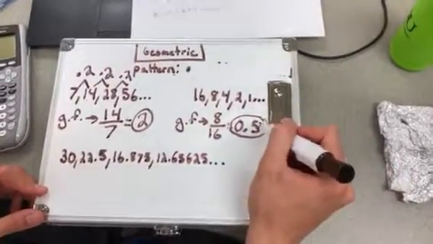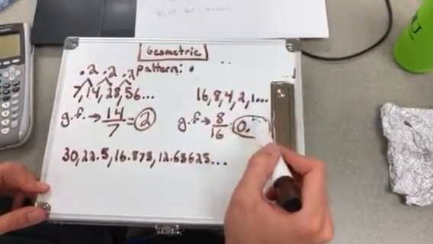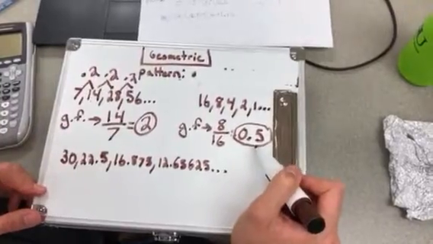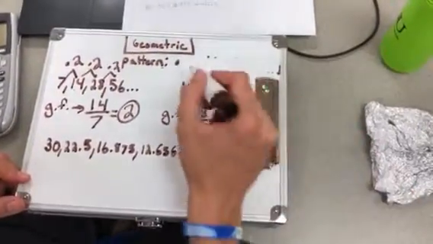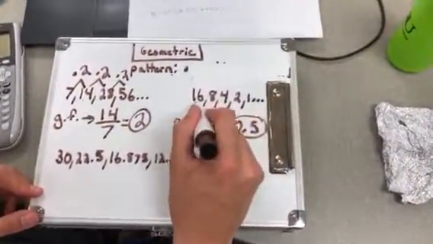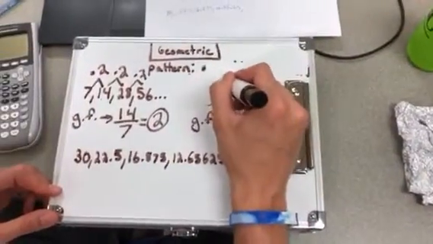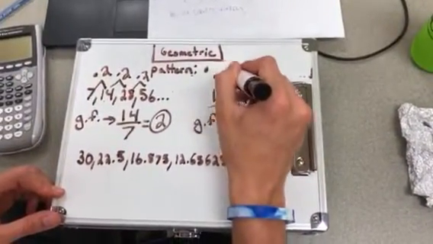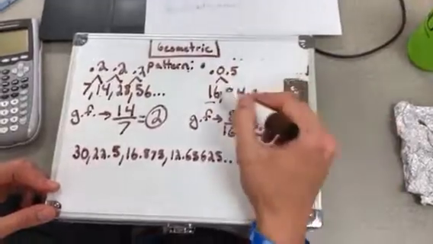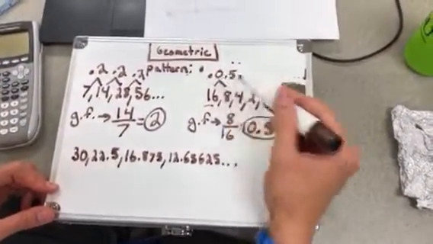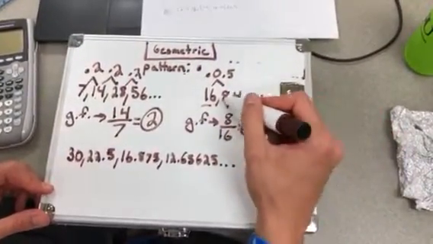We try to continue this pattern by multiplying by 0.5 to see if this is geometric. So I go to my first term, which is 16. I multiply it by 0.5, and 16 multiplied by 0.5, you can use a calculator, equals 8.